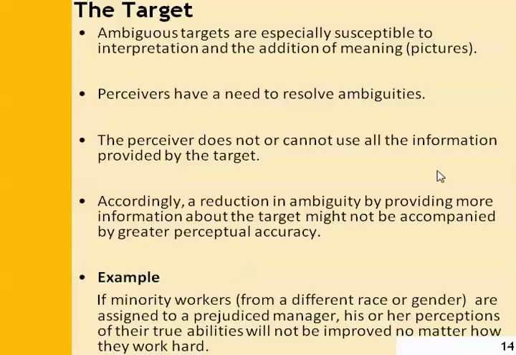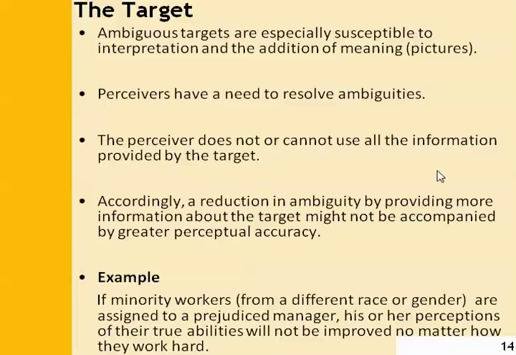Suppose we have a prejudiced manager. A manager that does not tolerate difference. That is, for example, a racist. He does not like people from different races or genders. لو ال prejudiced manager ده بقى مسؤول عن minority workers، ناس from a different race or gender وعددهم قليل.